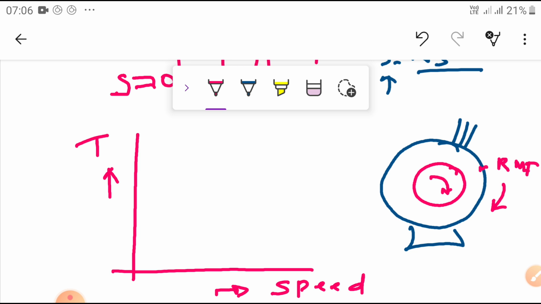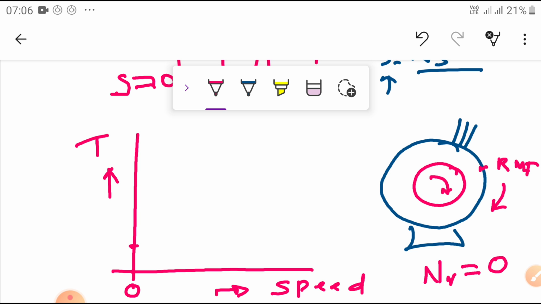That means initially the rotor speed is 0 at standstill condition. Once it tries to reduce the relative speed, the rotor will slowly start. From speed equal to 0, at this condition the torque is 0. For example, take the starting torque.